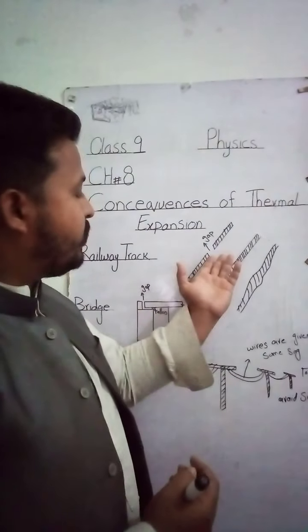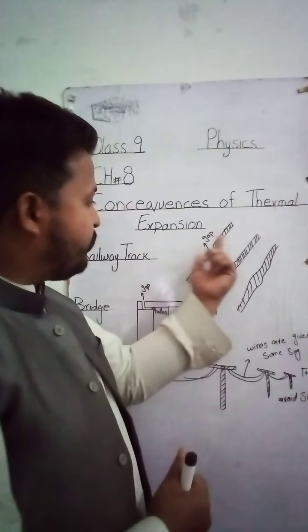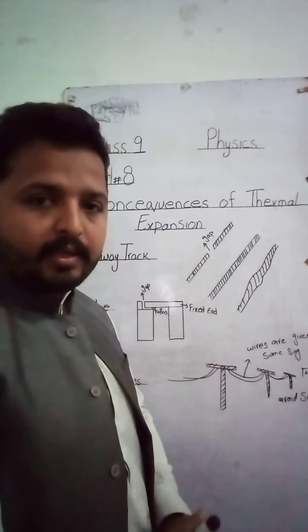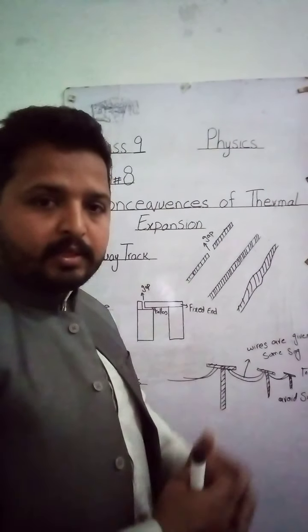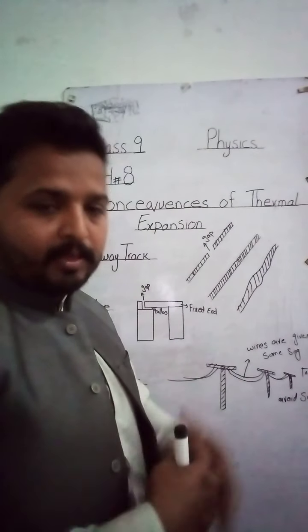First of all, the question is why gaps are left in railway tracks. We know that railway tracks are made especially of iron, which is a metal, and according to that principle, metals expand in the summer season.